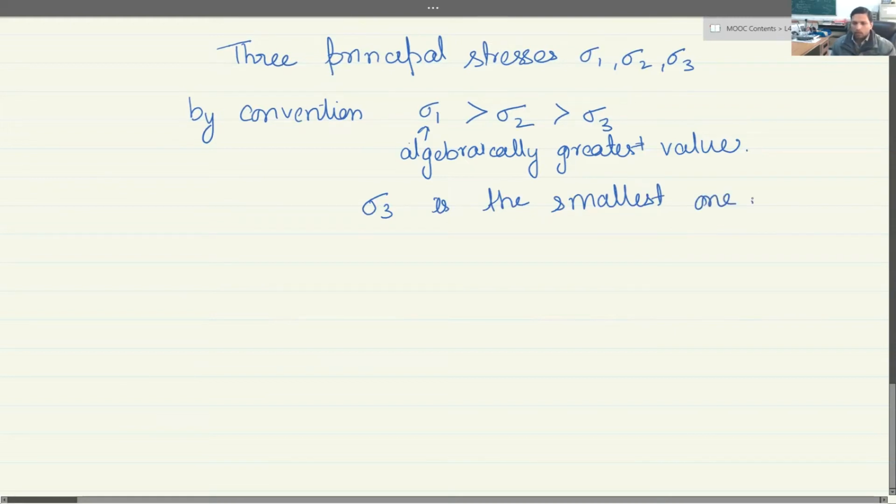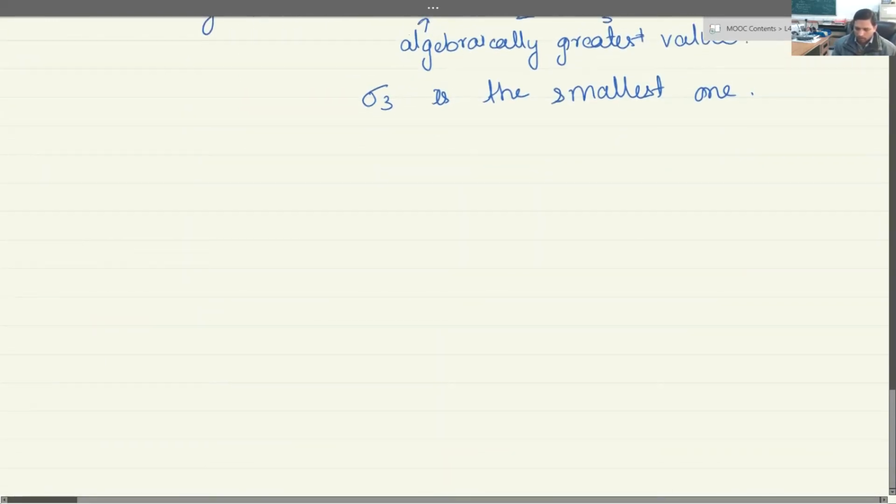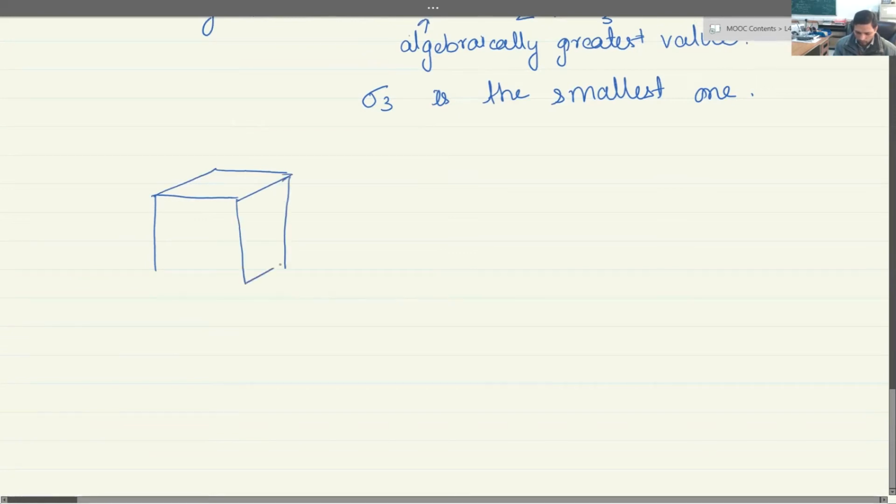So now let's look at some simple examples. Let's say you have 80 MPa as the normal stress, and there are no shear stresses, and 50 MPa is the normal stress in this direction.